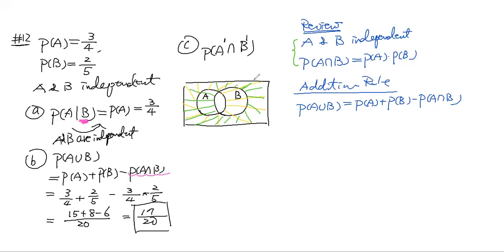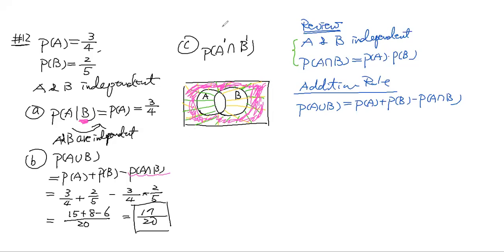Now you want to find the intersection. The intersection will be the common part between the yellow and the green. If you take a look, the intersection will be this part, the purple part. Those are the common parts between the yellow and the green.